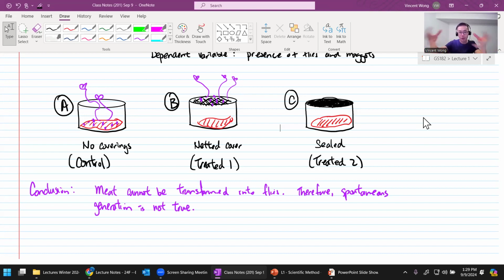You will leave all 3 jars in the same area, so they're exposed to the same temperature, heat, and humidity. You would leave them out for the same amount of time, a whole week for all of them. You would use the same jar, just the lid is different. So all these things are considered standardized variables.